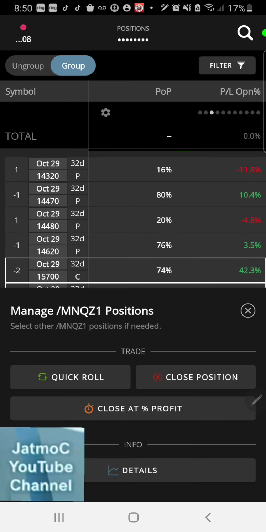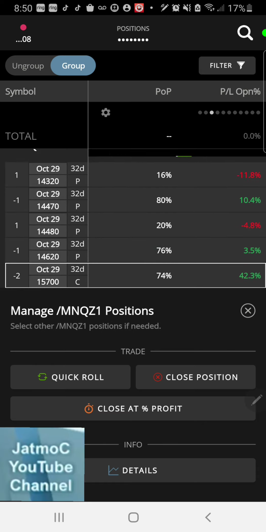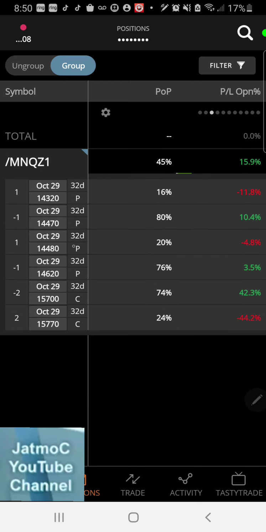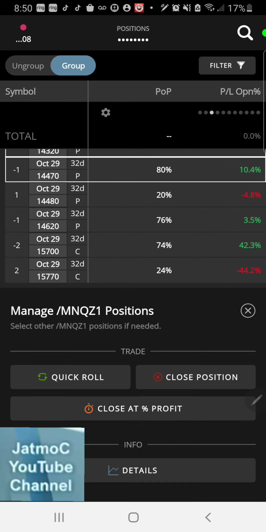I still don't think this trade is going to reach this number by expiration, at least at this time, because this symbol is not very volatile. So because I don't want to take the trade off, I can just add a different trade. I can add this particular trade here, which is basically the exact opposite of this.